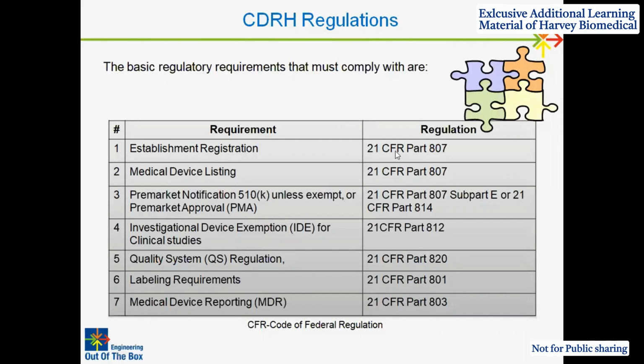Establishment registration means, as per 21 CFR Part 807, the facility should be registered with the US FDA. Then only we can go ahead with the submission. And the product should have a medical device listing. Then pre-market notification unless exempt, or pre-market approval.